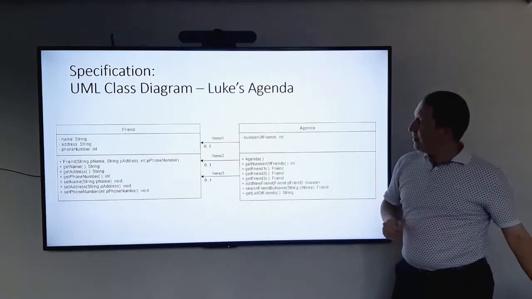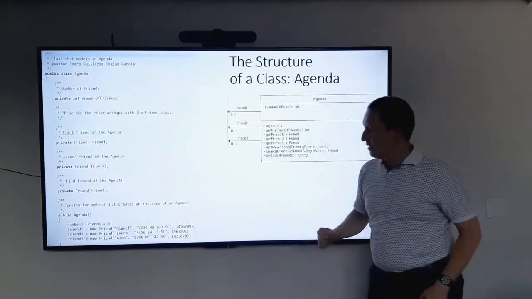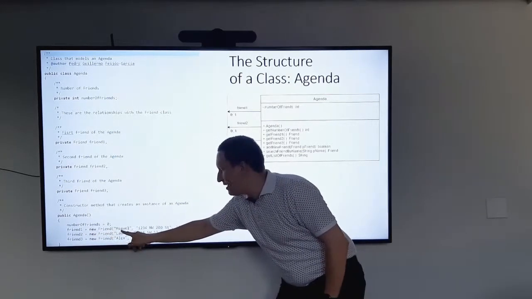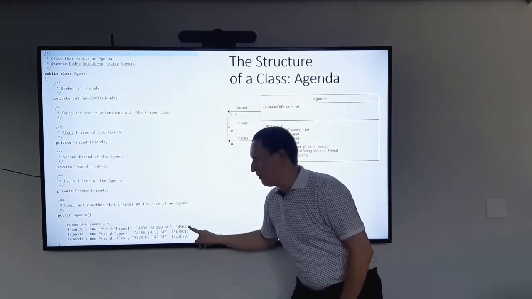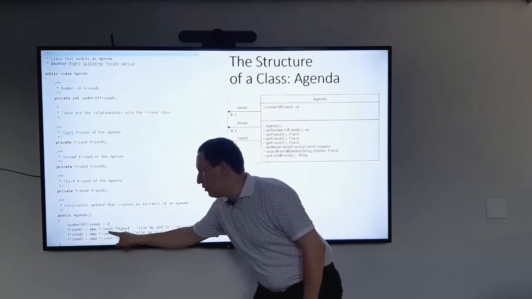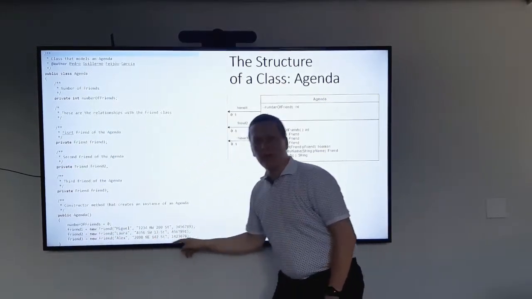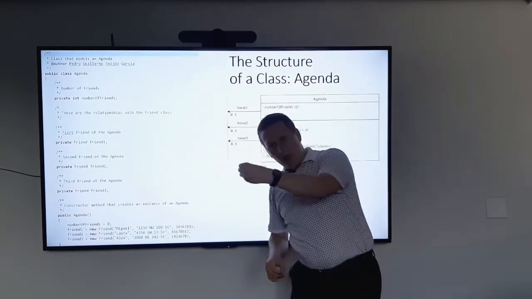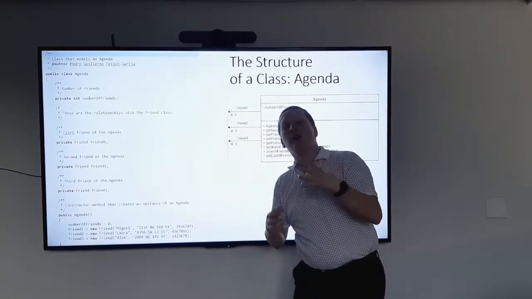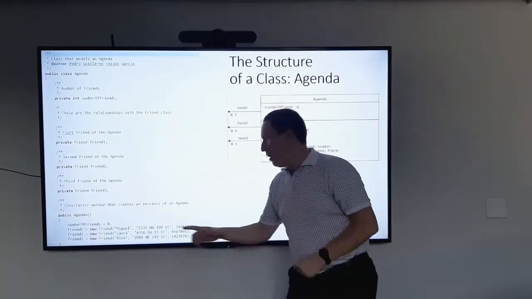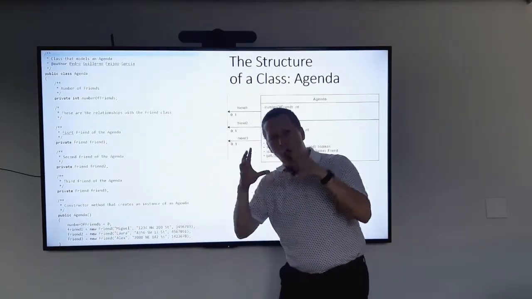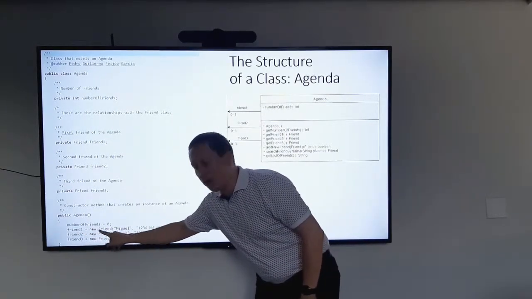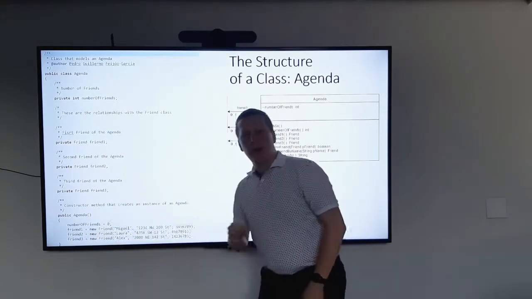This is the way that we create the instance. It's going to be equal to a new object of type Friend with these data values. The same happens with friend 2 and friend 3. Whenever you find in Java the new keyword with a constructor method, you are creating an object of the class that owns that constructor. Here we are creating an object of type Friend.